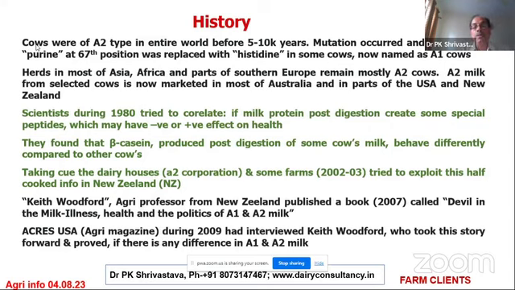But this A2 company came up during 2002 and 2003, and they said there is a difference between A2 and A1 cows. Fonterra was the company which had a 98% tie-up with the different farms in the country, and they said its milk is A1 type, and A1 type creates a lot of problems, and there is a devil in the milk.